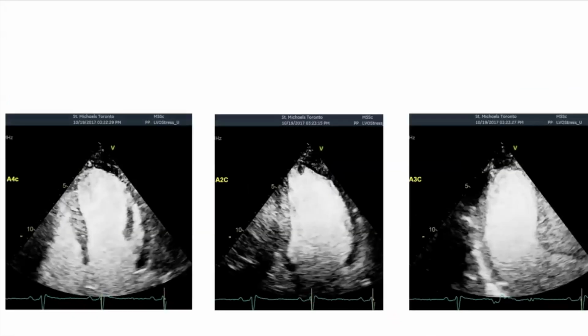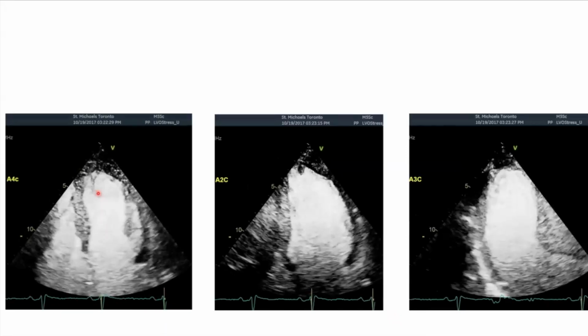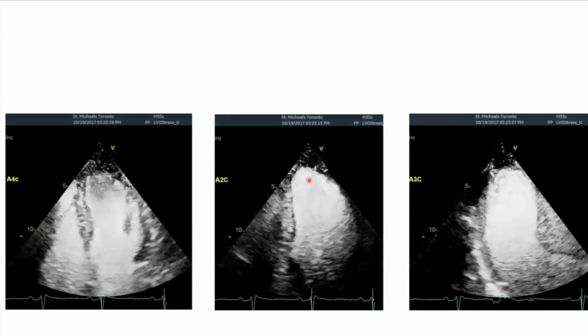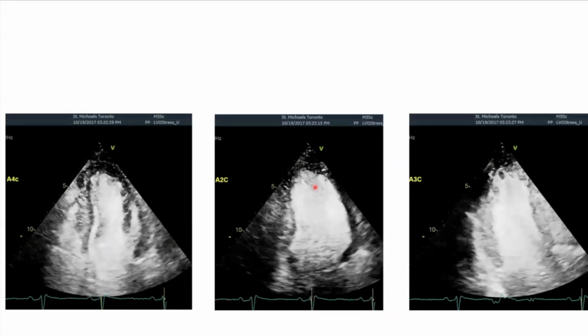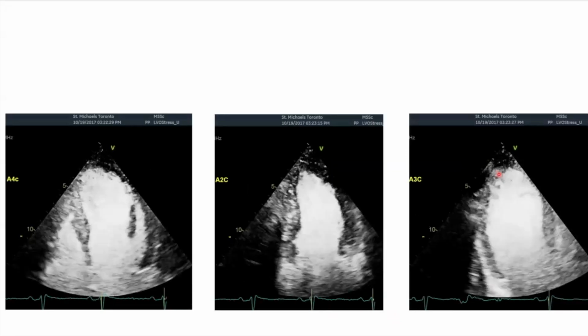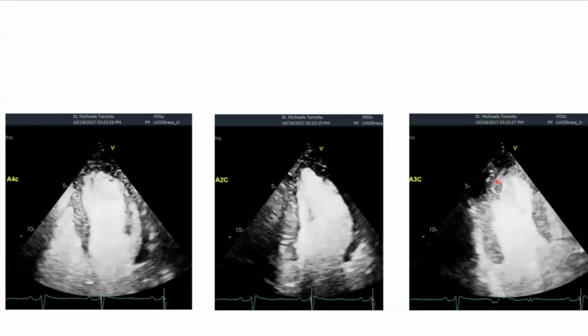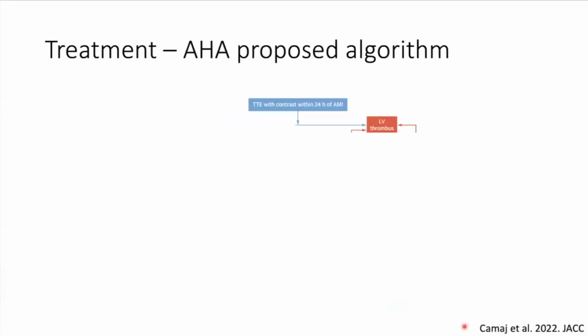When we use contrast in the apical 4 chamber, again, it's still not obvious. You start to see something flopping in and out in the apical 2 chamber, and finally in the apical 3 chamber, it's a lot more prominent, where you can see the contrast is going behind that little mass, and that's LV thrombus.